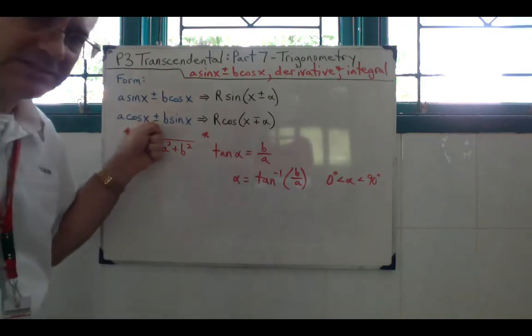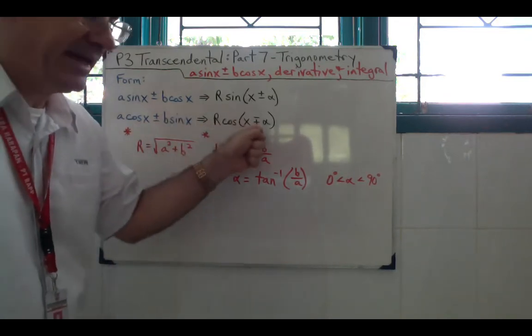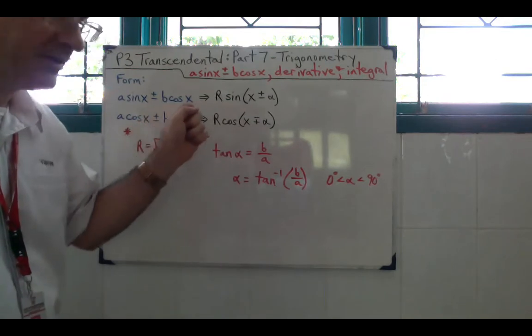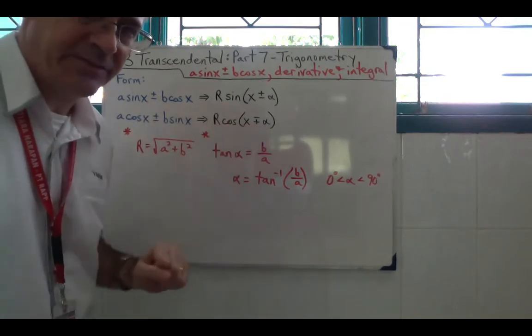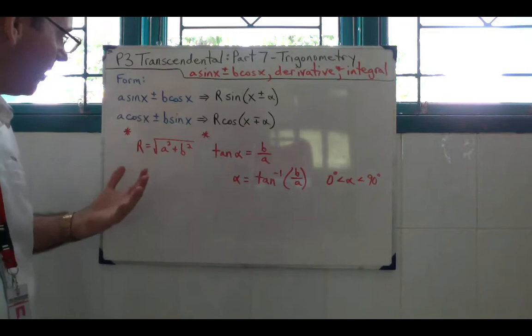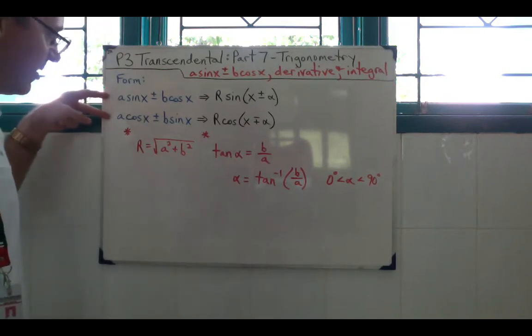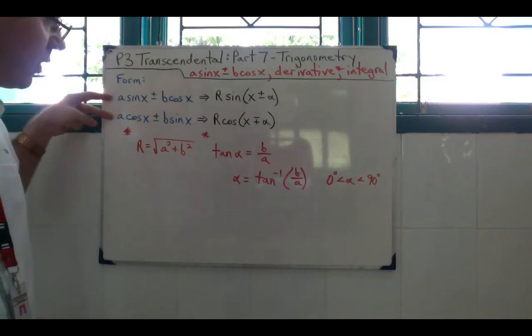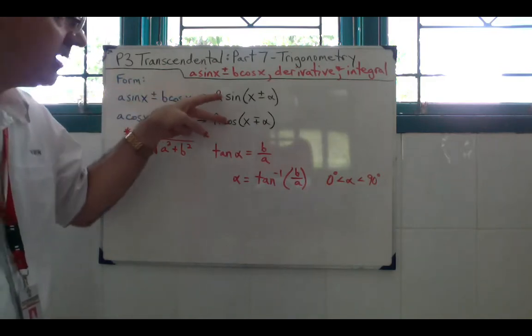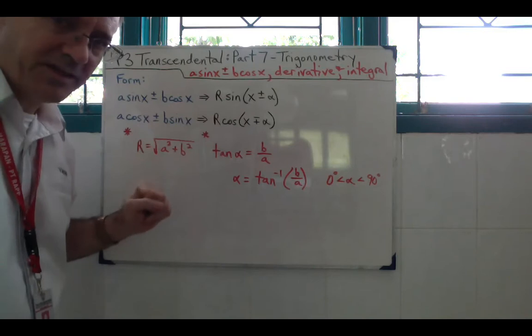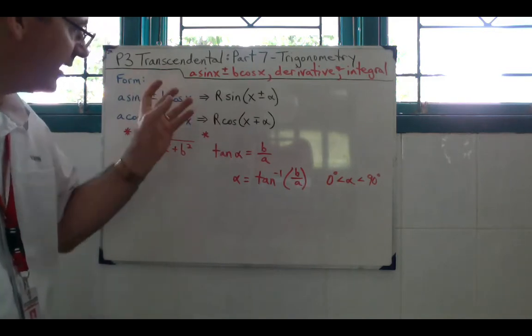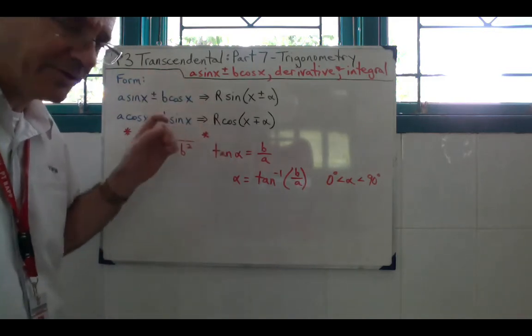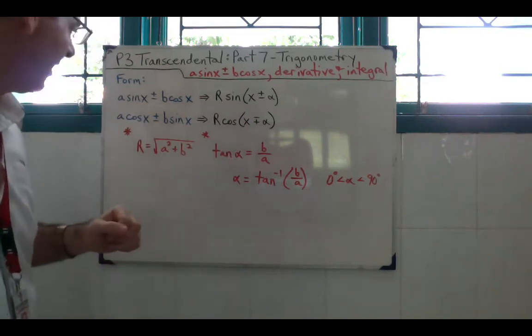If it's positive in this form, it's negative in here. If it's negative in this form, it's positive here. So the only difference is whether sine is first or cosine, and whichever one comes first is the one that it's kind of condensed into, so condensed into one trigonometric function instead of two.